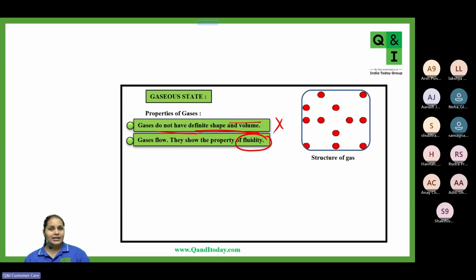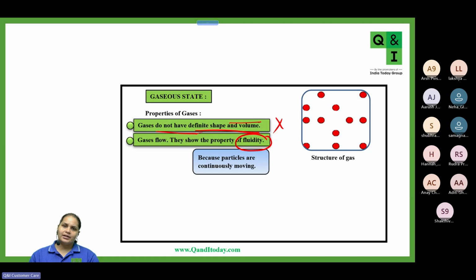Which other state shows fluidity? Liquid. Solid is not fluid in nature, but gases and liquids both are fluid. And why do they show it? Because they are continuously moving.